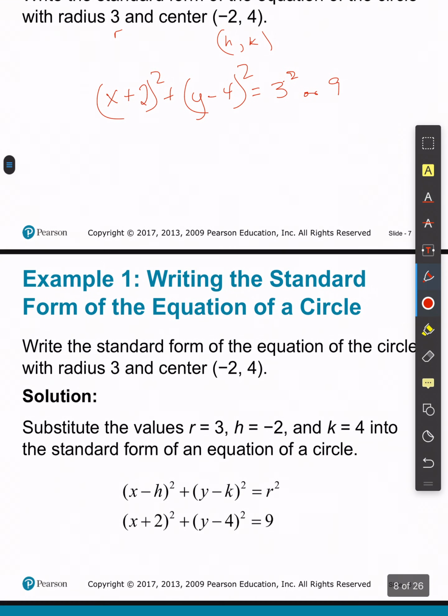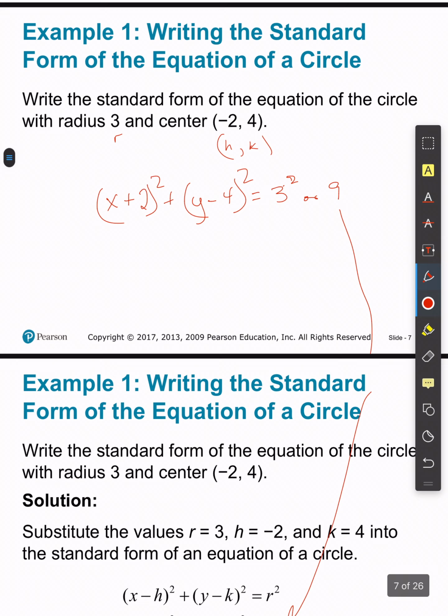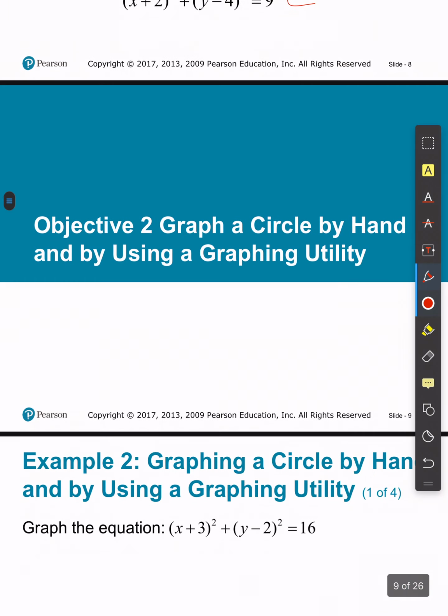Notice that's just what they got right here. They walk you through it in the solution. But I'm just plugging in my h, my k, and my r into the standard form of the equation of the circle.